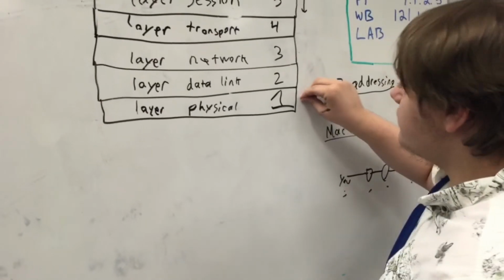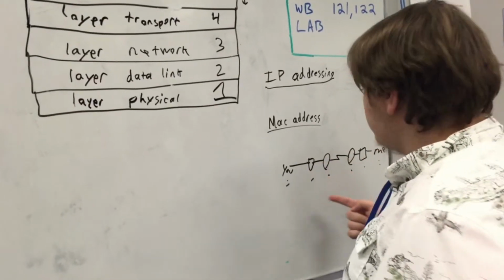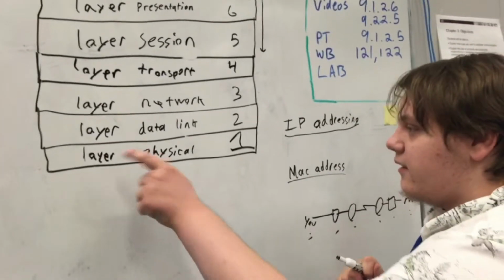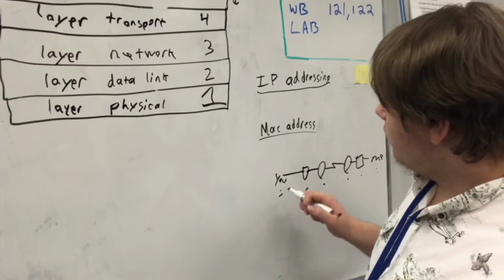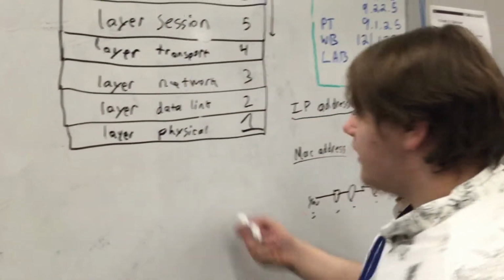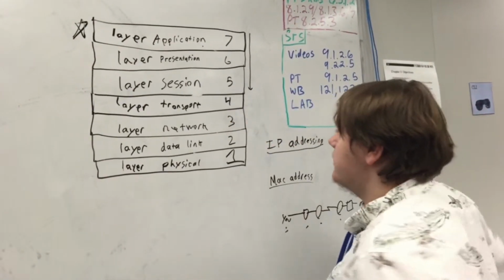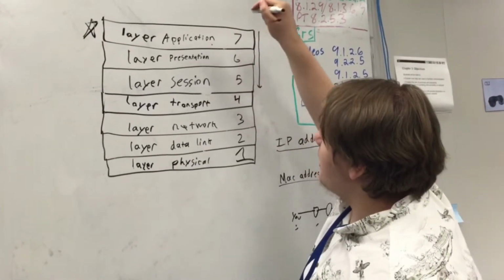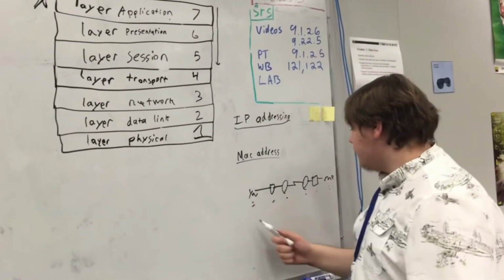It turns it into ones and zeros here, sends it across the network to the next device, goes up as much as it needs to, it comes back down, back to this layer, it always goes down to this layer until you get to your destination, the U. In which case, it goes right back up. It converts the ones and zeros back to logical data, it checks the MAC address, it checks the IP address, it checks the port, and it checks the session, it checks the presentation, and it sees the application. And then once you got your data, it sends it right back to you.